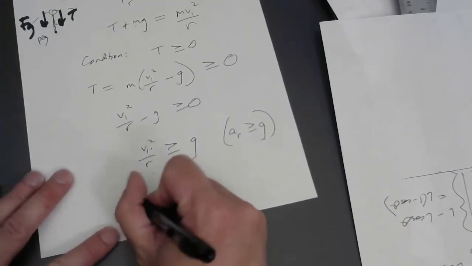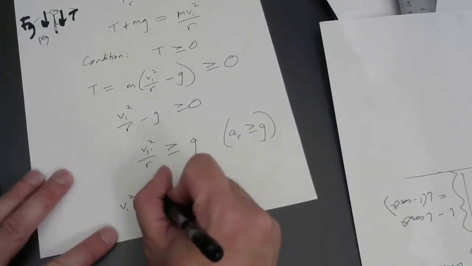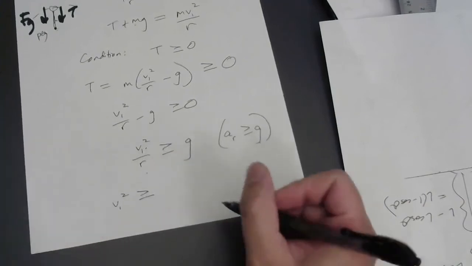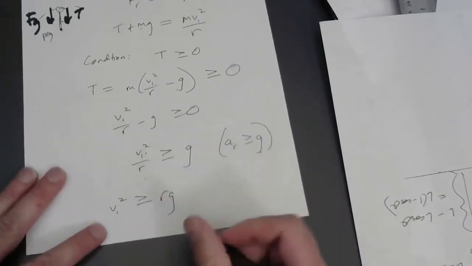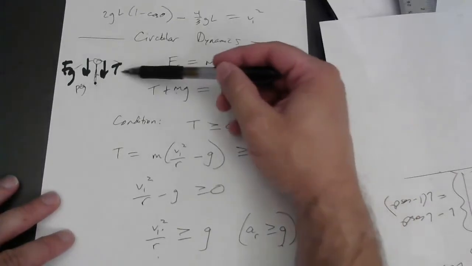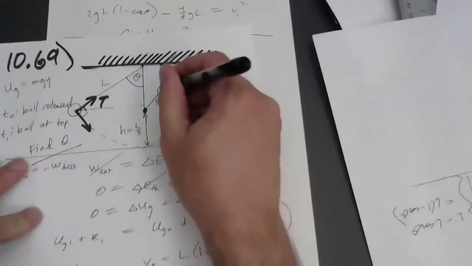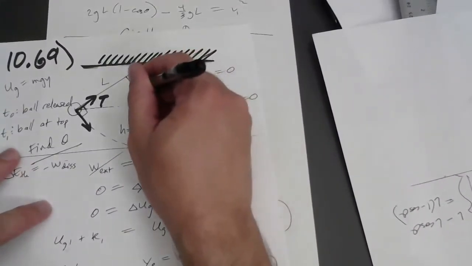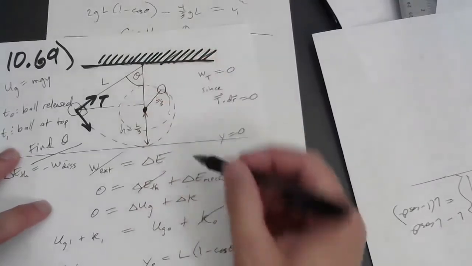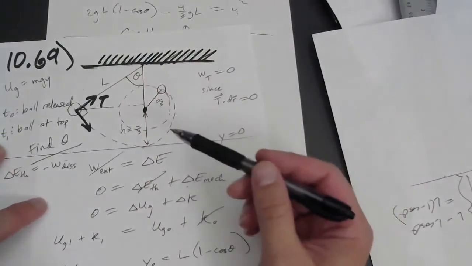In other words, V1 squared must be greater than or equal to RG. Well, what is the radius of this circular path? Might be easier to answer that by looking at the original. Yeah, if we continue the circle, remember, it doesn't actually have to make a full circle around the peg. It might, but we don't care about that.